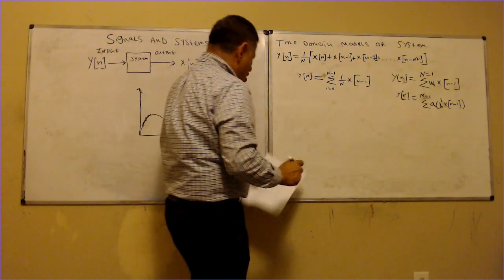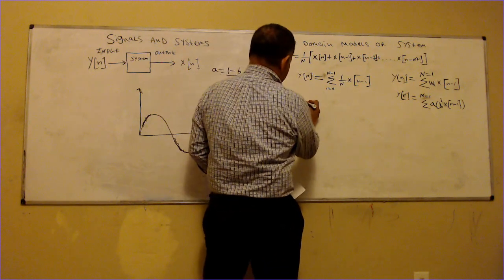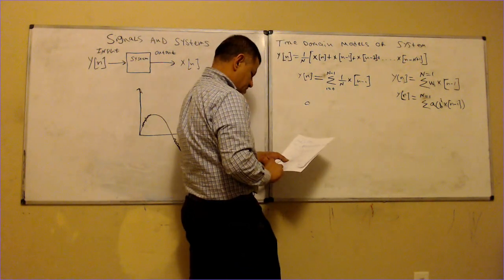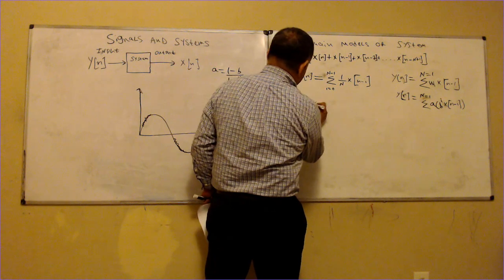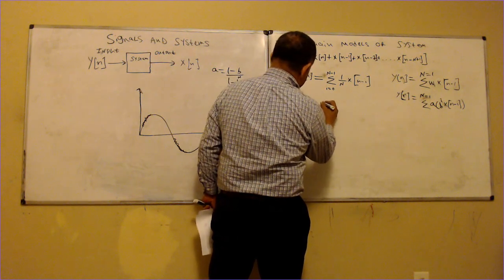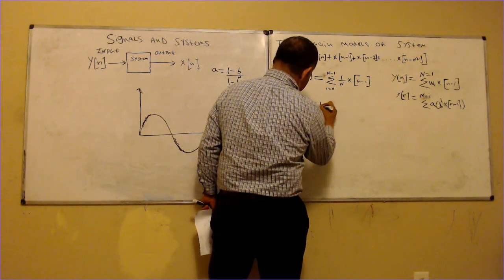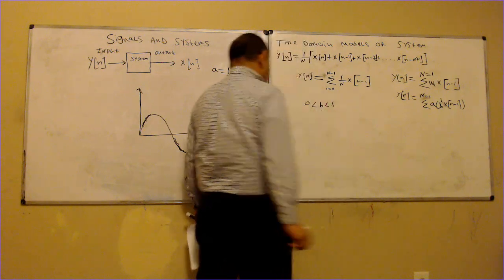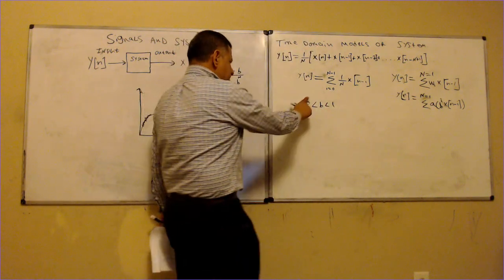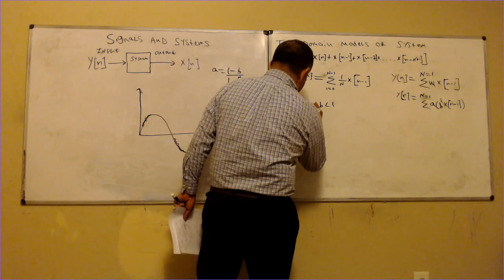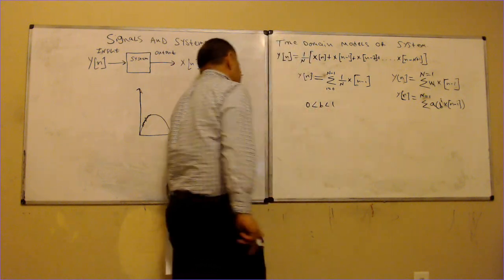In other words, B is going to be greater than 0, but less than 1, right?